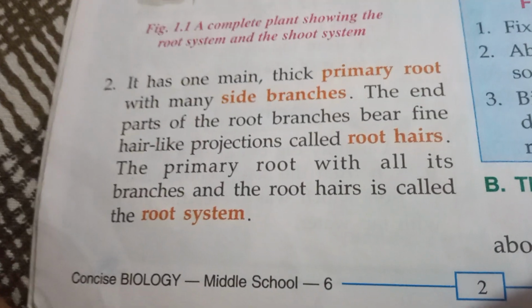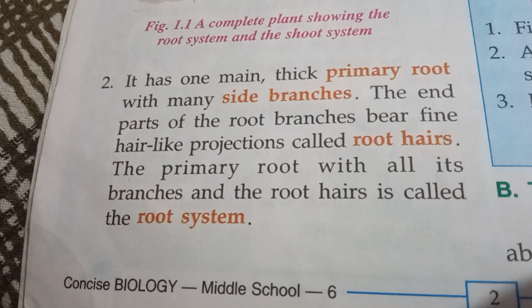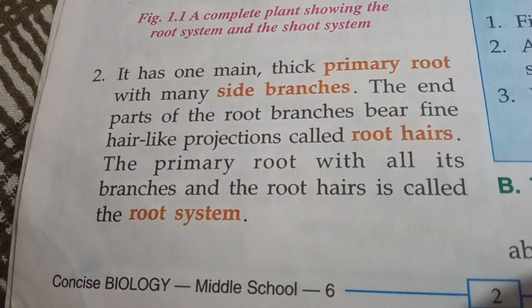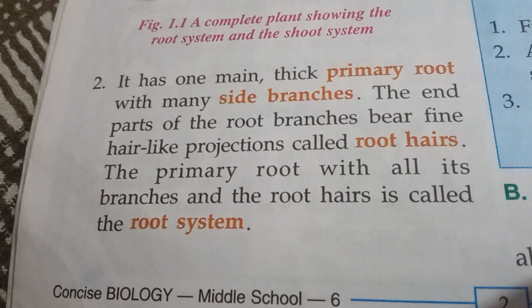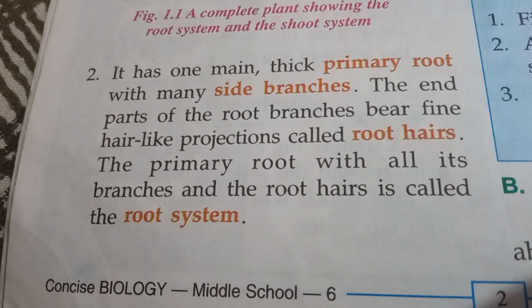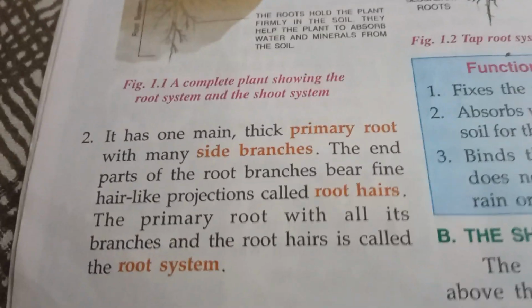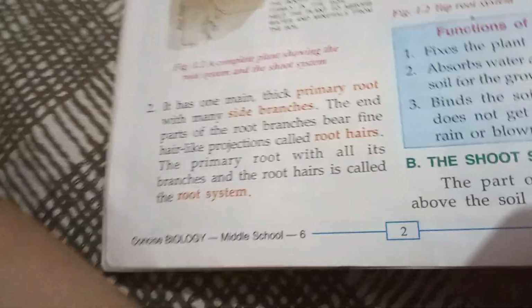Now the second point. It has one main thick primary root with many side branches. The end parts of the root branches bear fine hair-like projections called root hairs. The primary root with all its branches and the root hairs is called root system. So now I guess this is telling about the types of root system because it has the primary root and side branches.